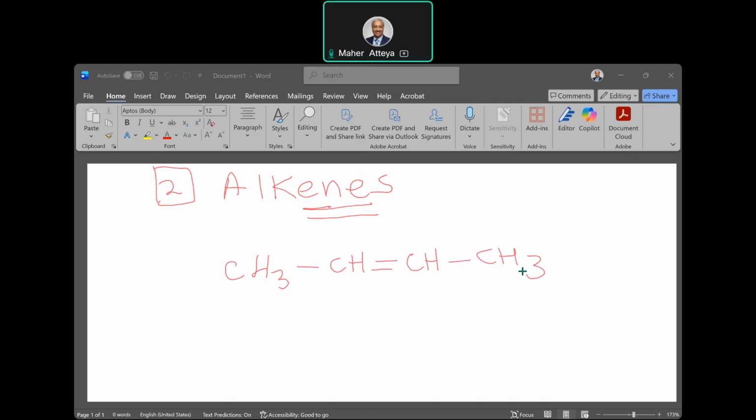Let's add more carbon so we get the idea here. CH2, CH3. Now always we try to have the location of the double bond to be the least numbering.